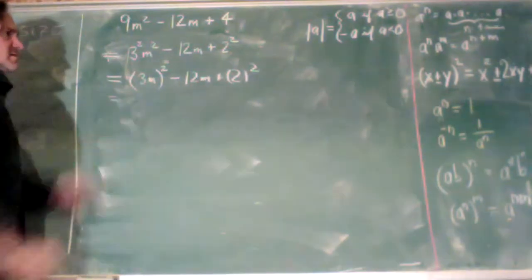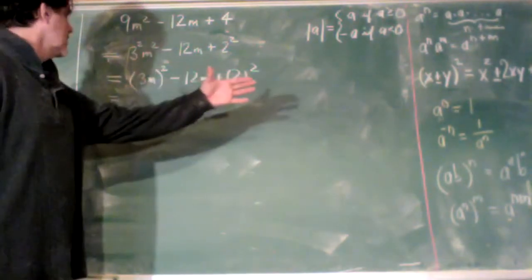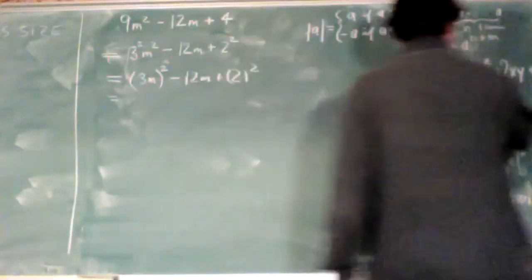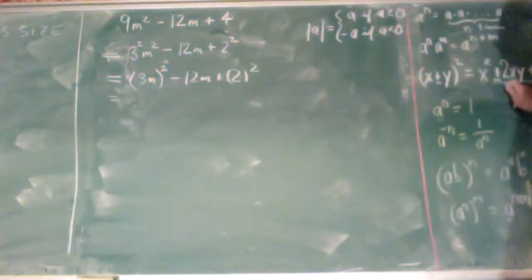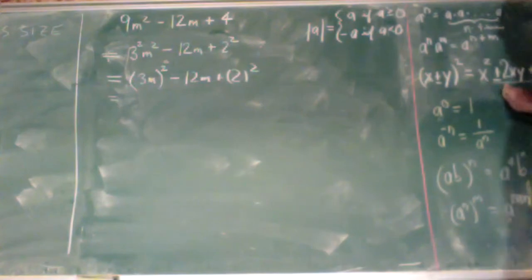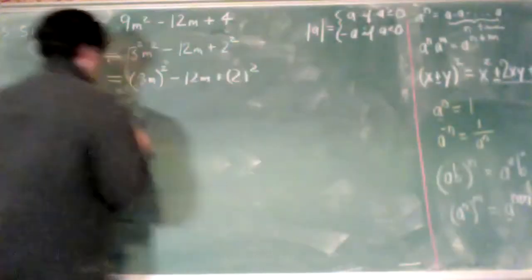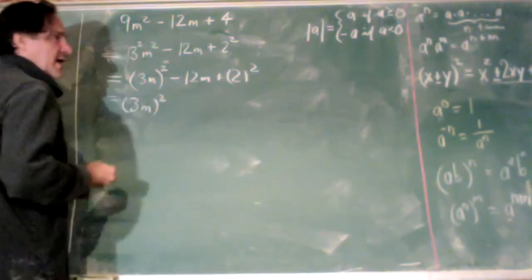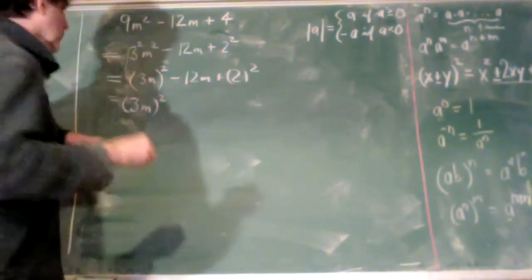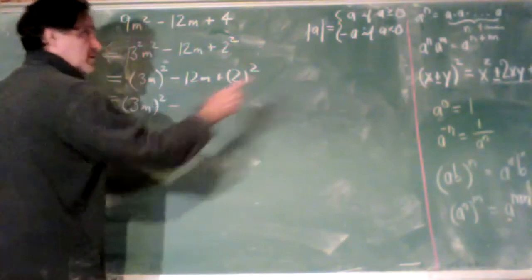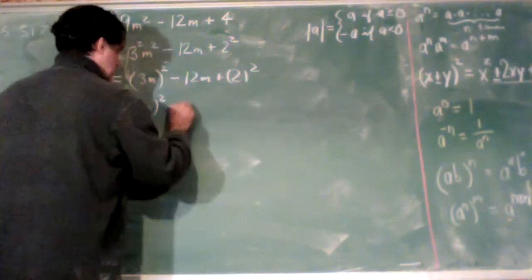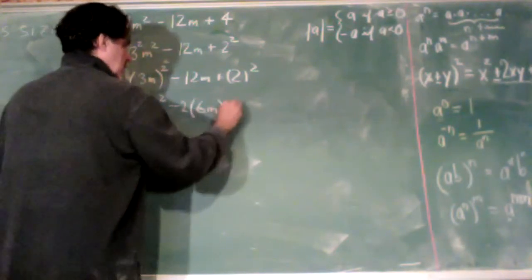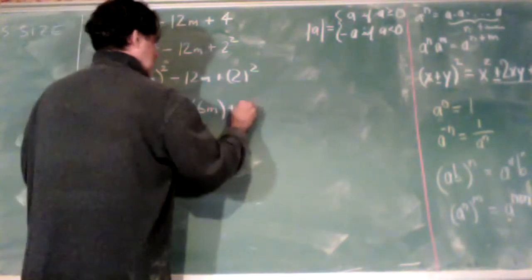This is starting to sound like it might be one of those special factorizations, like a perfect square trinomial. All I'd need to do, if that's true, is to make sure that that middle term has the quote-unquote right form. So to see whether it does, let's extract a 2, and that leaves 6m plus 2 squared.